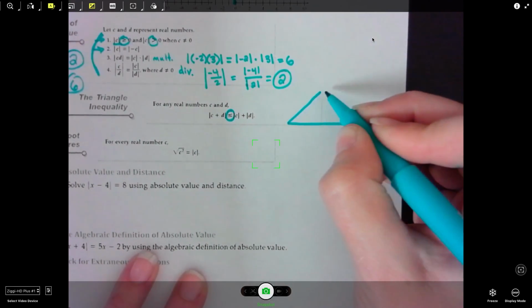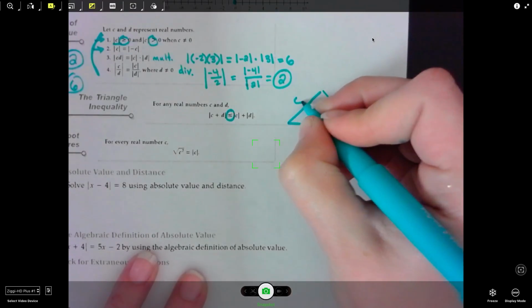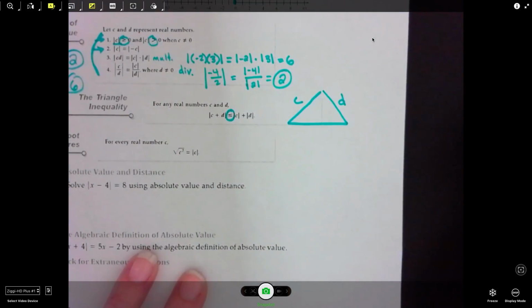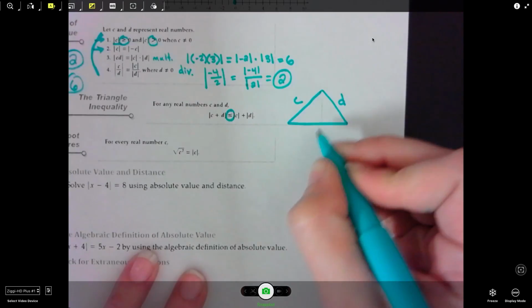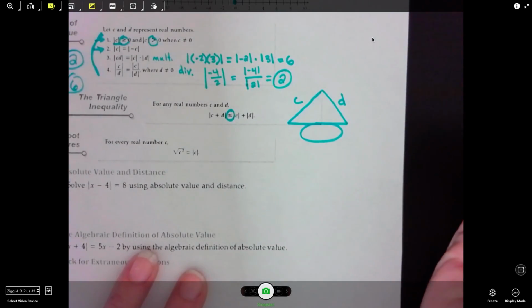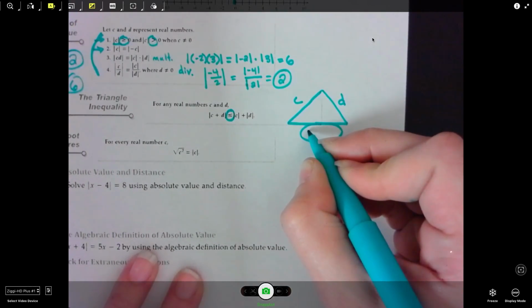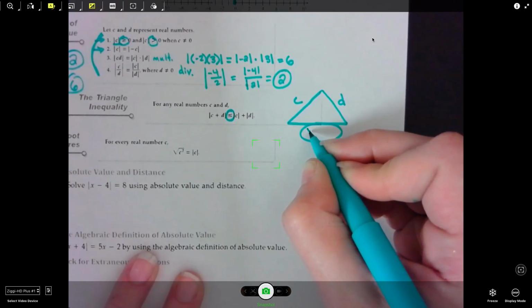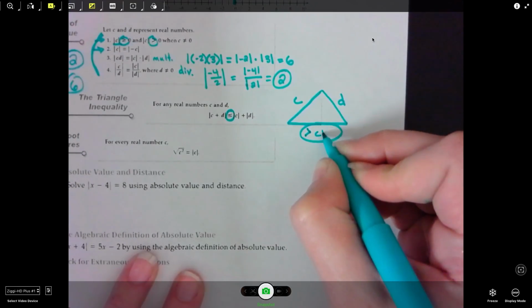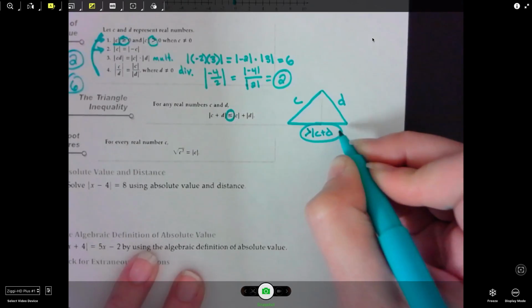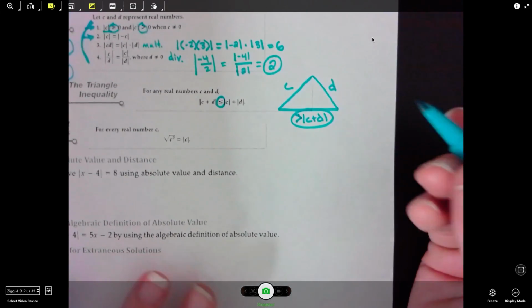Let's say I have a triangle here, and this is C and this is side D. This side down here at the bottom has to be larger than C plus D together, the absolute value of C plus D together.